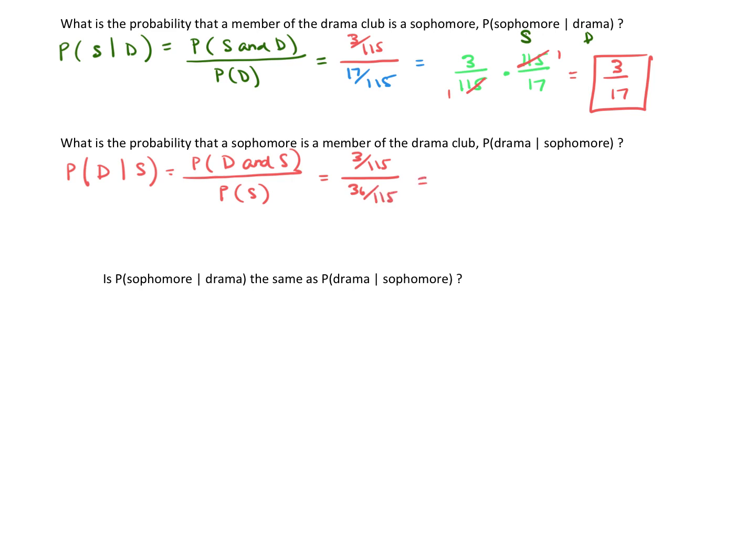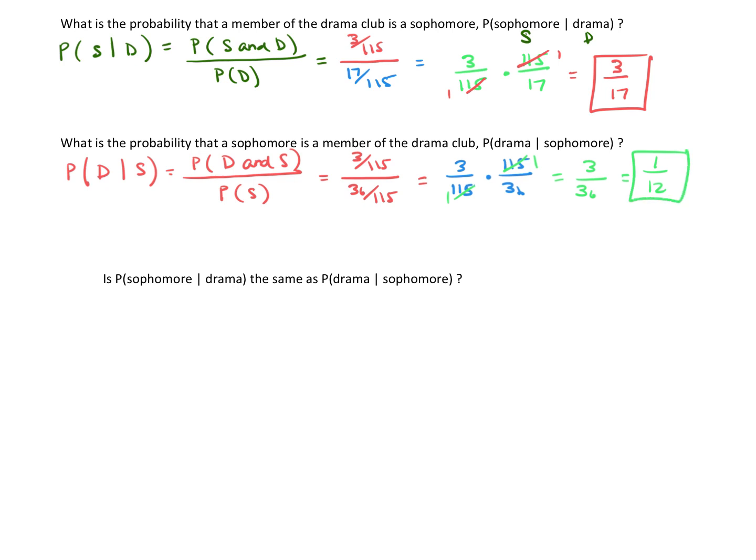We will simplify this. Take our 3 over 115, multiply by the reciprocal, 115 over 36. We will cross reduce, multiply straight across, which gives us 3 over 36. And we can reduce that, dividing both by 3, and you get 1/12.